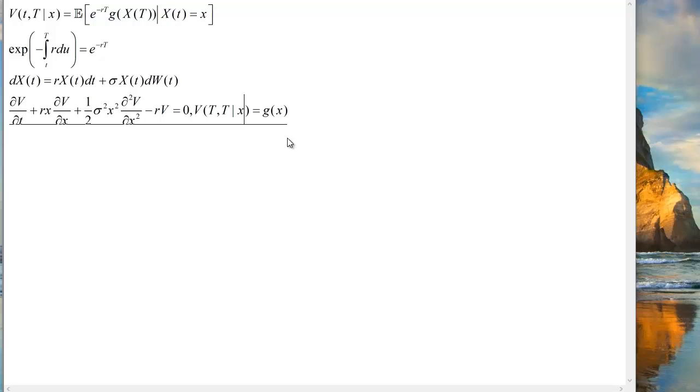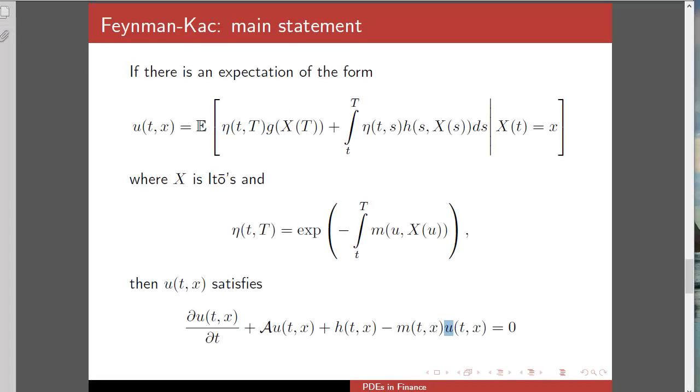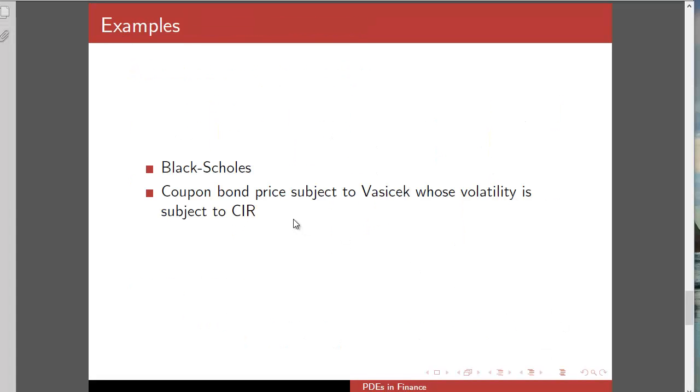Okay, so this would be the derivation of the Black-Scholes, and we can take a look at one more example. This is going to be slightly more complicated, but I didn't only want to go through the well-known case. Let's take a look at some alternative. So let's imagine this pricing problem.